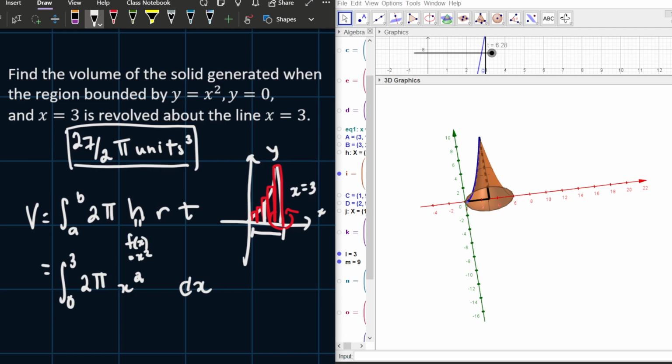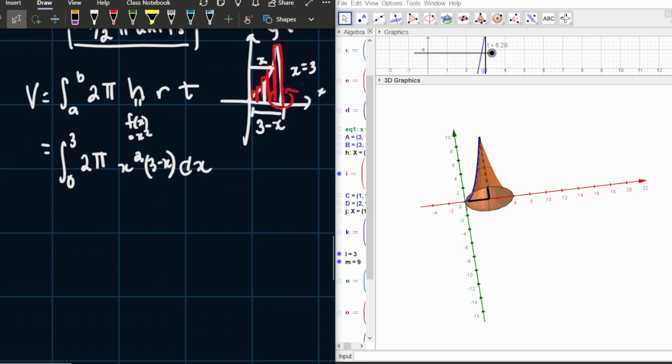So, initially, magsisimula tayo sa radius na 3, tapos, paliit siya ng paliit. So, paano natin makukuha yon? So, dito ay 3, and then, babawasan natin siya kapag nandito na to sa part na to. This one again will give us x. Because any point on this graph is defined as x squared. Okay? So, yung radius natin will be 3 minus x.